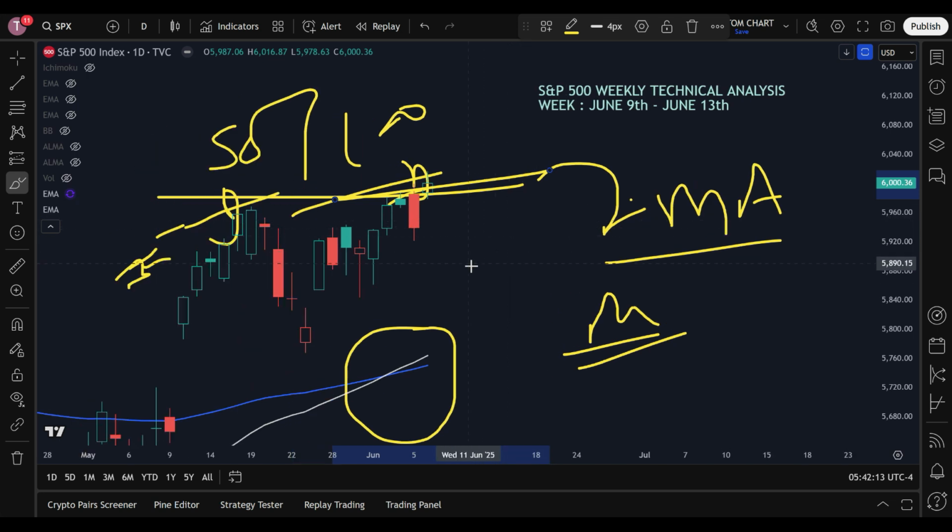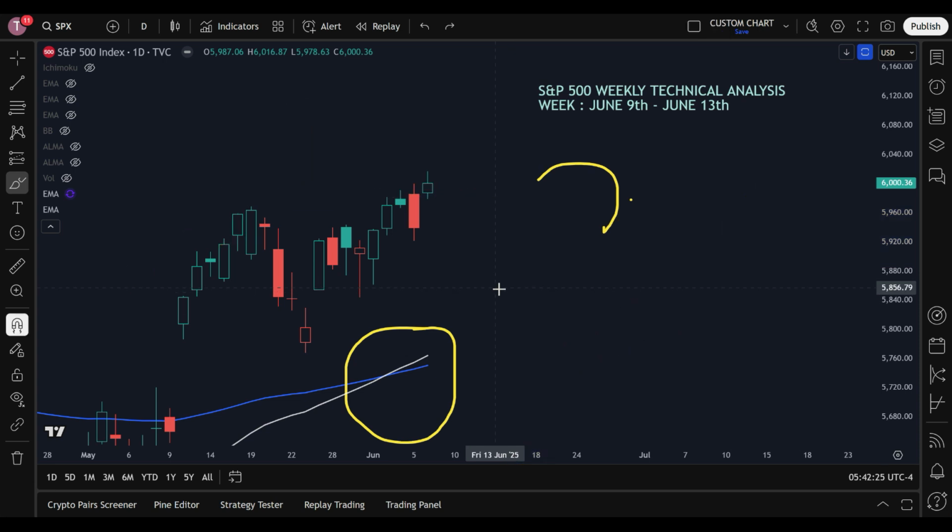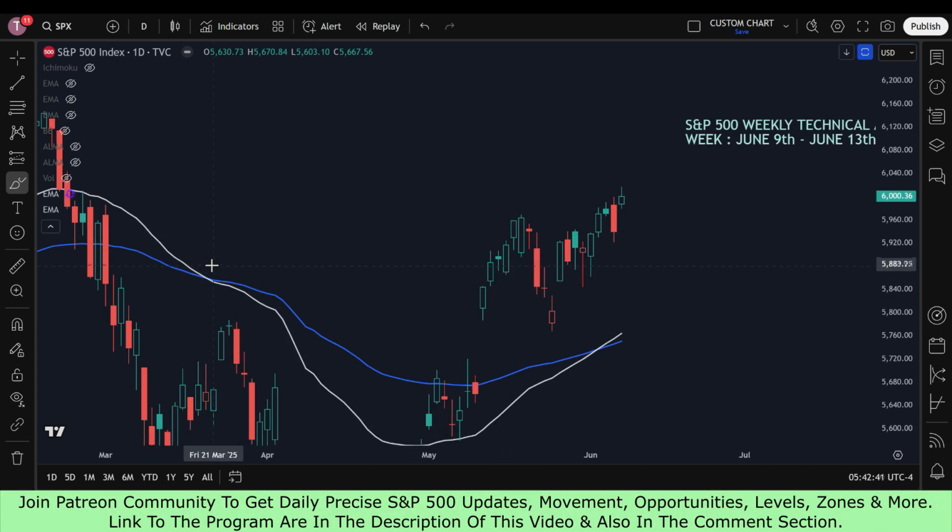Whenever there comes a crossover, whether a bearish crossover or a bullish crossover, it confirms the movement in that direction. Let me show you. On the 20th or 21st of March, there was a confirmed bearish crossover in these two moving averages.